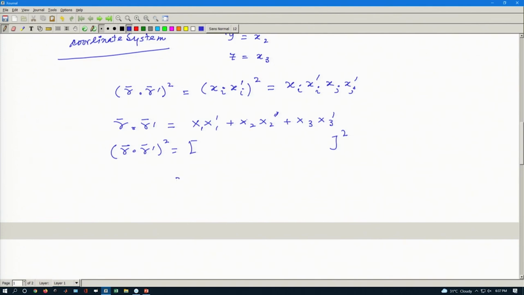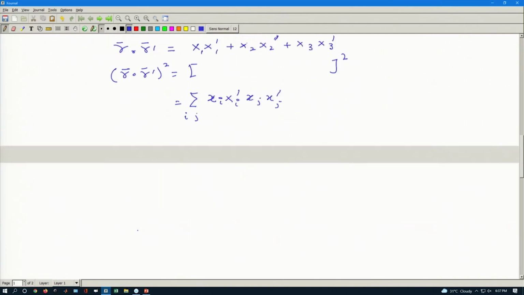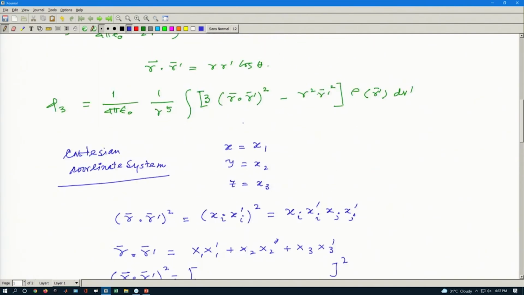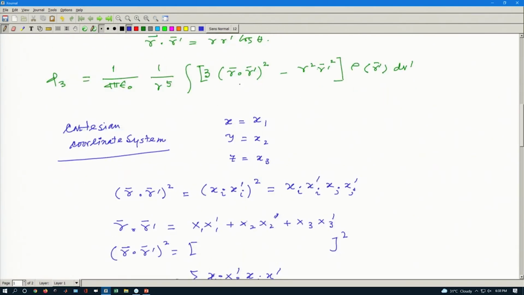That term will be simply the summation of x_i prime x_j prime, and the summation is over i and j. There are double summations. So now this r dot r prime square is represented in this way.